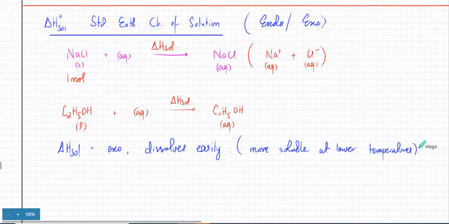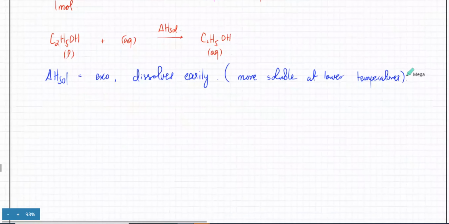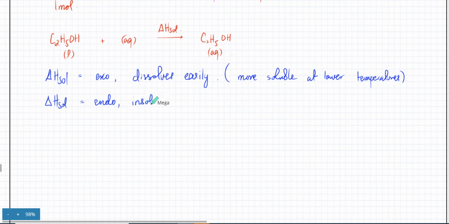Similarly, enthalpy of solution could be endothermic as well. In that case, it doesn't dissolve easily, which means it's kind of insoluble, or it dissolves with difficulty because it requires heat.